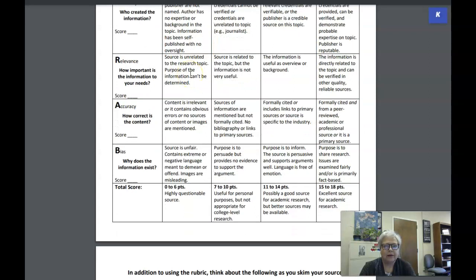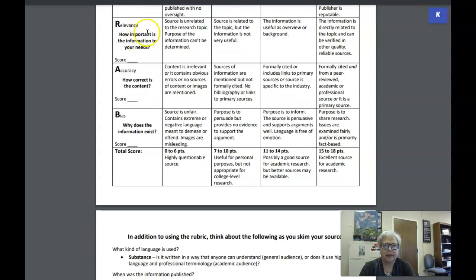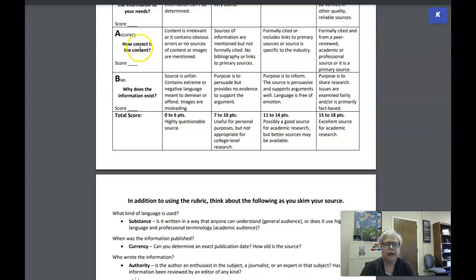If it's not, you don't know who published it, nobody takes credit for it, there's not even anything on there that looks like people can add and take away stuff, and that's not a good source. Relevance, how important is the information to your needs? I mean, sure, you can find lots of things that are good sources, but if they don't have the information you're going to use in your paper, you're wasting your time.